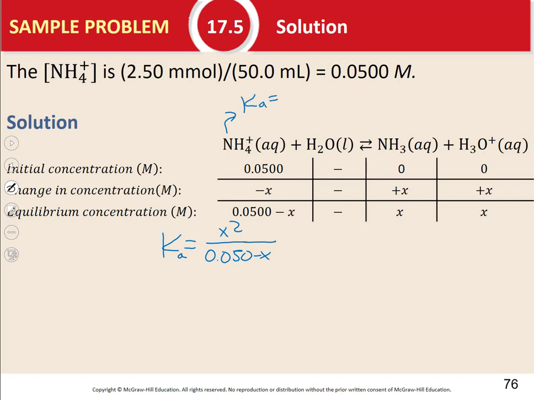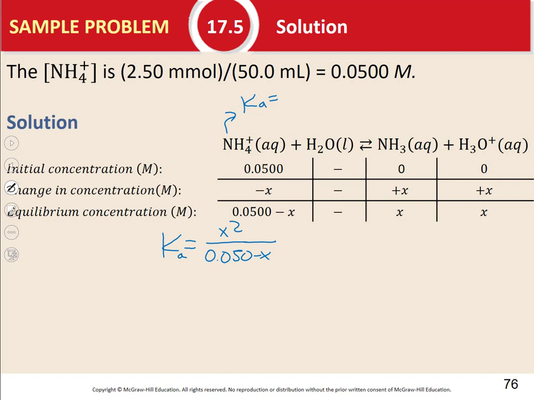So how do we find the K of a conjugate? Because you're not going to find that in a table. How did we do it in the last problem? We found the K of the acetate ion. We found it by doing what? Good.